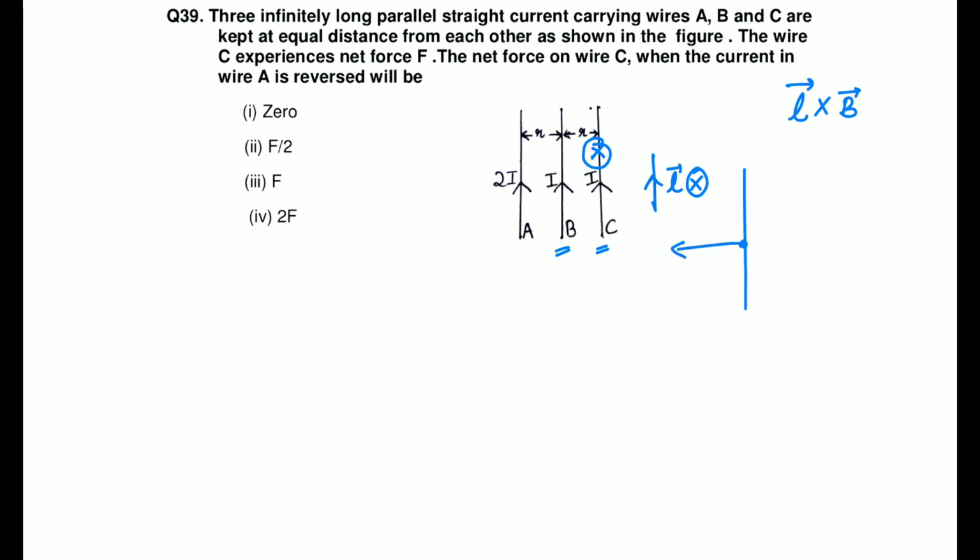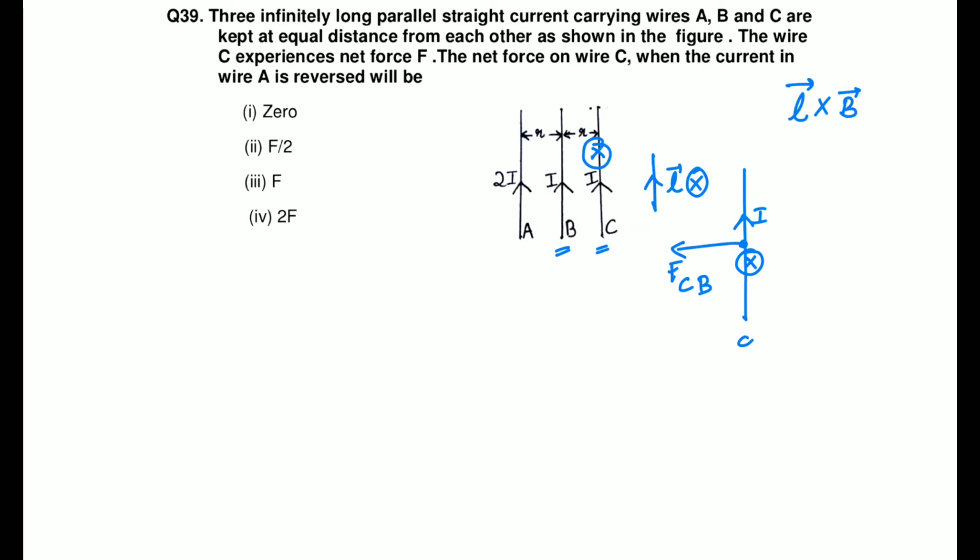For example, if this is my wire C, the current is flowing in this direction, and the magnetic field because of the current flowing in your B is in the inward direction. So I find my force on the C wire because of B in that direction. If that is understandable, let's talk about your wire A. Let's just forget that there is a wire B in between.